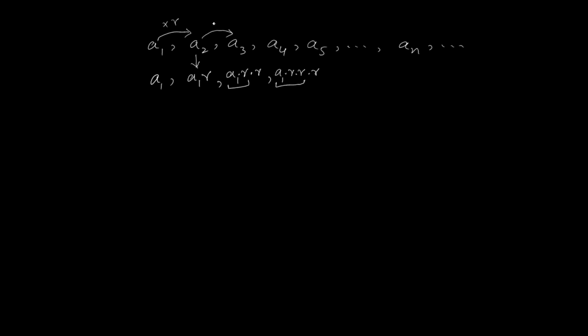So the second term is obtained by multiplying the first term with r, the third term is obtained by a2 multiplied with r, and the fourth term is obtained by a3 multiplied with r. So the fourth term is the first term multiplied with r up till here, which is the third term, and then again r is multiplied. The fifth term is the first term multiplied with r, r, r, r.